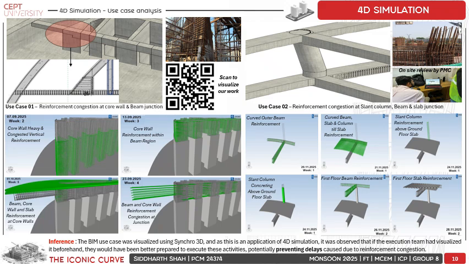So the 4D simulation helps in sequencing of activities, which enables the stakeholders to better visualize these activities and be better prepared to execute them, and by this visualization the delays can be mitigated.